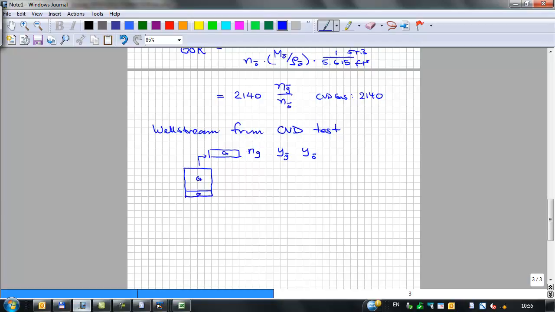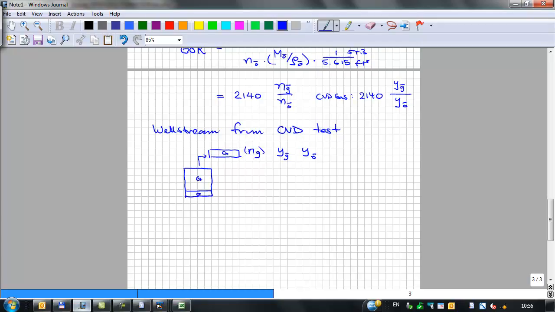NG is going to be just YG, because the moles is NG times YG divided by the moles of oil, NG times YO. But of course, how many moles you remove doesn't matter to the ratio.